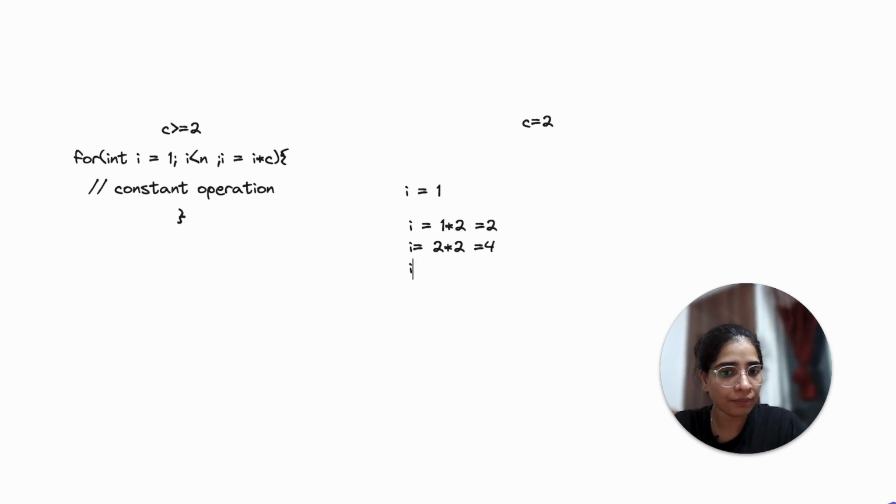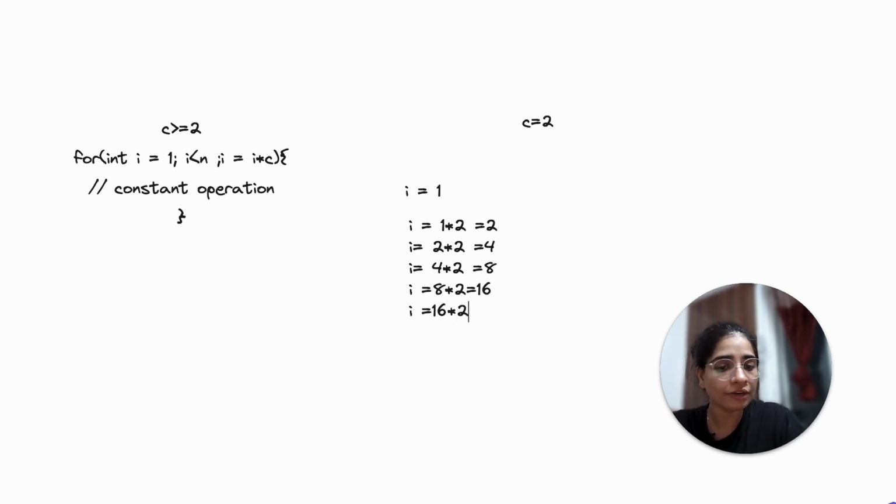The next time, i is already 4, 4 into 2, so it will become 8, right? And the next time i will become 8 times 2, which is 16. And after that i will become 16 into 2.